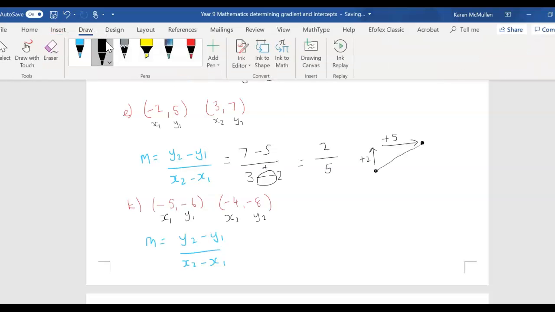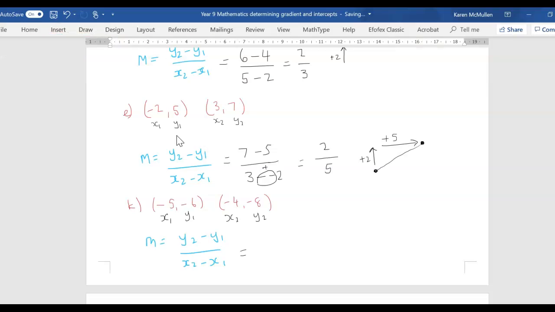All right, y2 is -8, y1 is -6, so it's -8 minus -6. All right, so don't forget that minus in the rule, and then there's a -6 there. x2 is -4, then we've got minus -5. Remember, when you got two negatives next to each other, they become a positive.